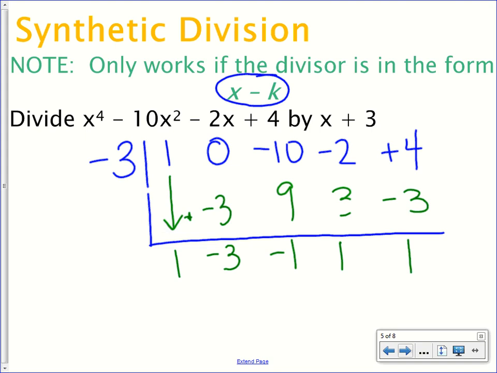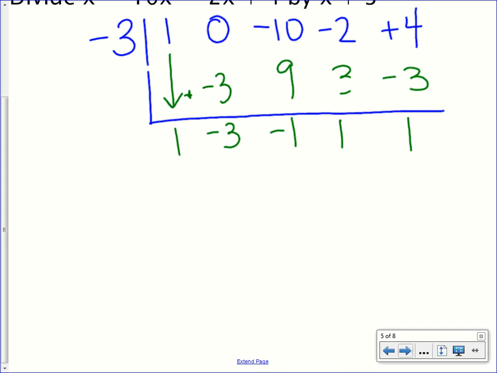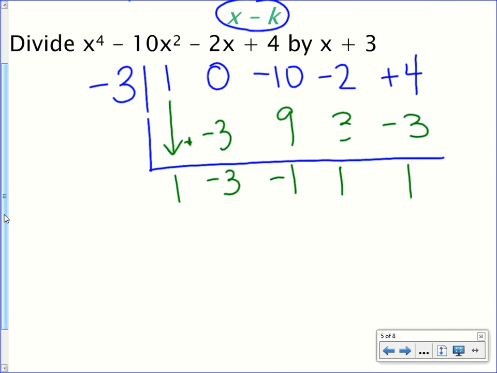Now, we took a 4th degree polynomial and divided it by a linear polynomial, which means we are going to be left with a cubic. X to the fourth divided by x to the first is going to get us an x cubed.